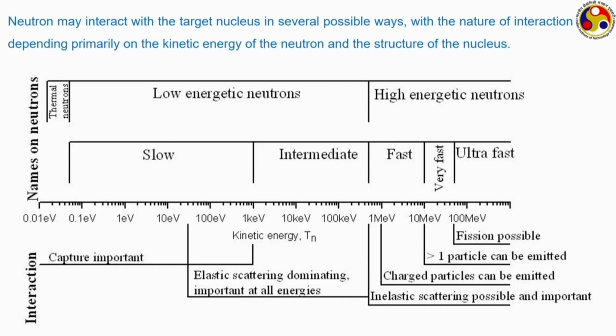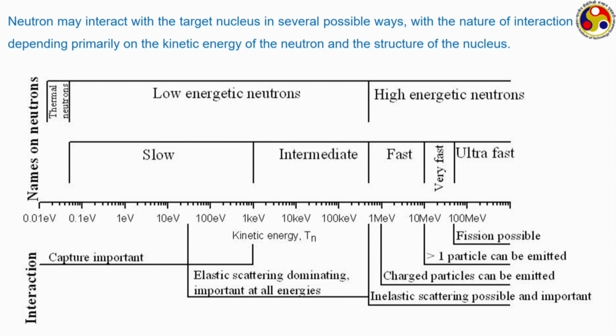Now, there are several kinds of neutron nucleus interaction possible, as I have mentioned earlier, and exactly what kind of interaction can take place in a given situation depends upon both the energy level of the neutron and the structure of the nucleus. The energy level we have already discussed: we can have thermal, slow, intermediate or fast neutrons.